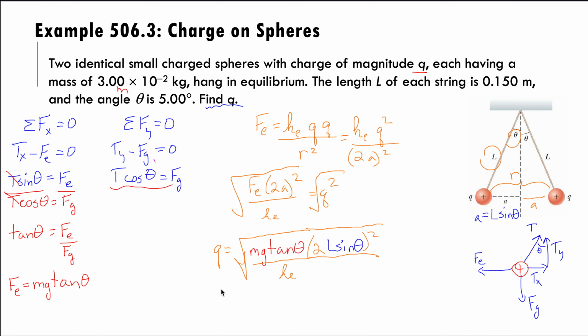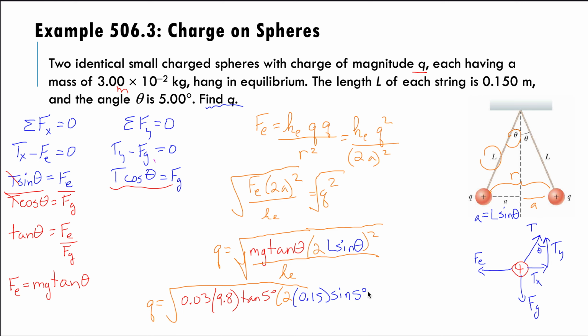So all that's left is to go ahead and plug in all of these values. Q equals the square root of m, which is right here, let's just say 0.03 kilograms, times 9.8 times tangent of 5 degrees. And then we're going to multiply by 2 times 0.15 meters times sine of 5 degrees.